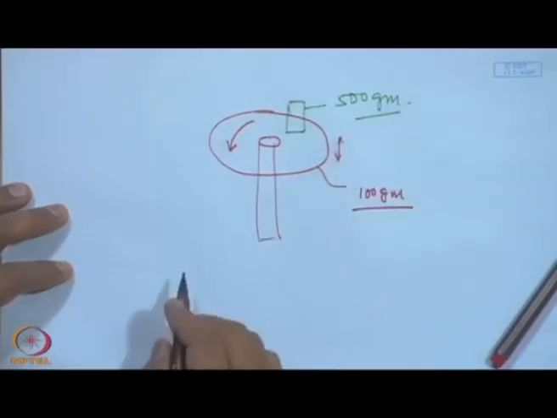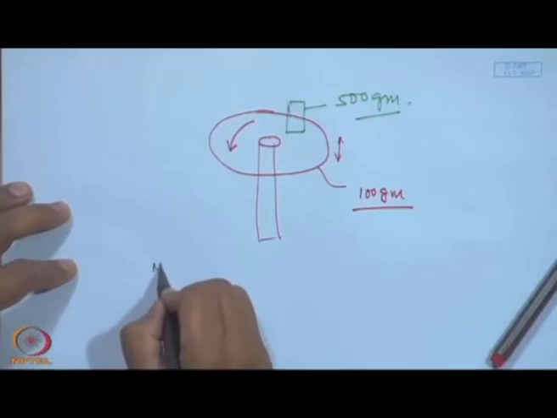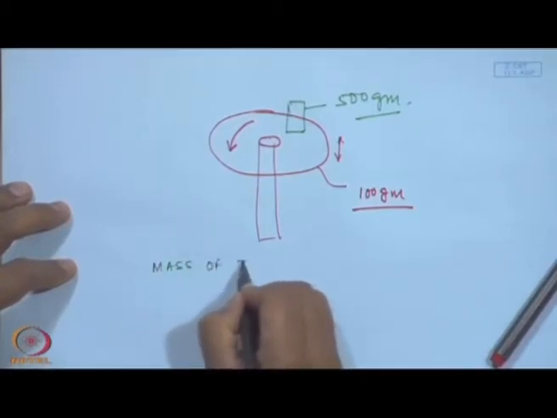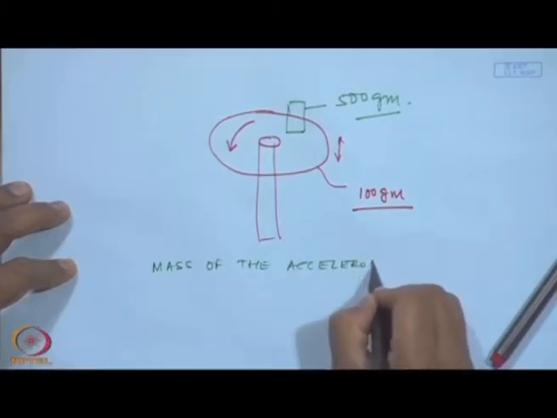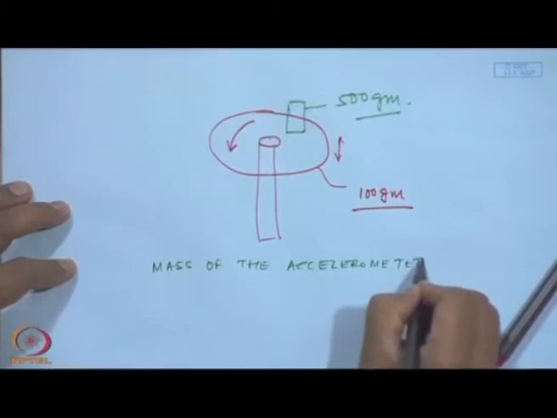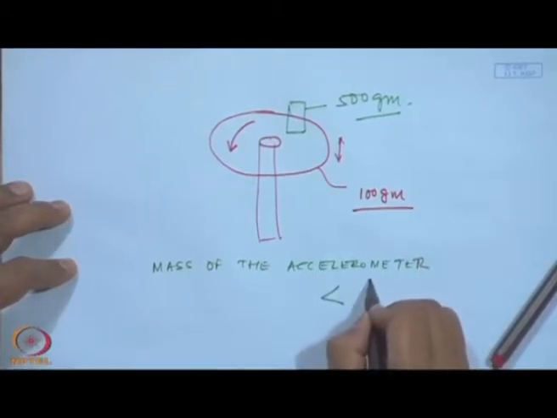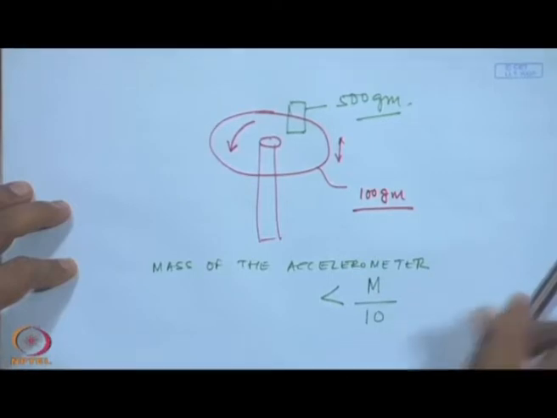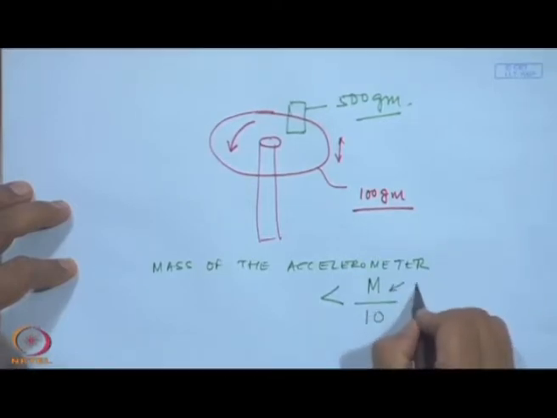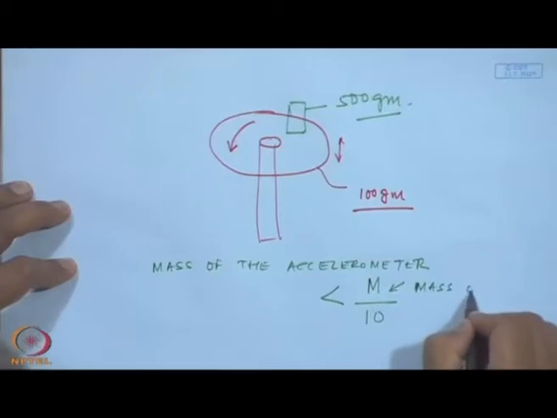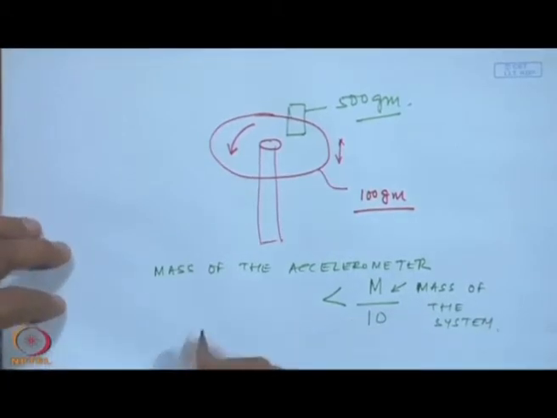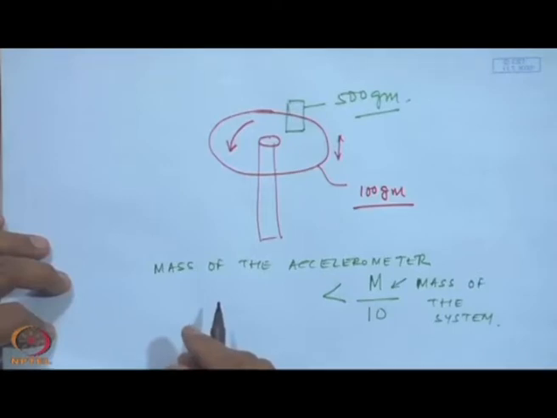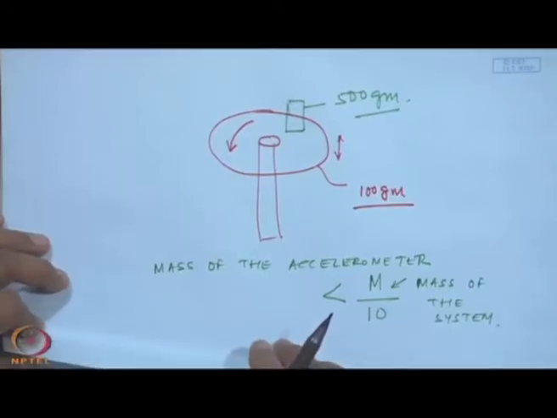So, one rule of thumb to always keep in mind is that the mass of the accelerometer has to be less than 1/10 of the mass of the system on which you are placing it. Otherwise, what is known as the mass loading effect will occur, and you are not going to get the true reading of the acceleration.